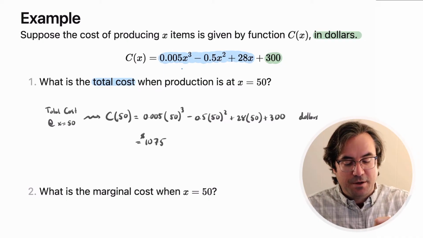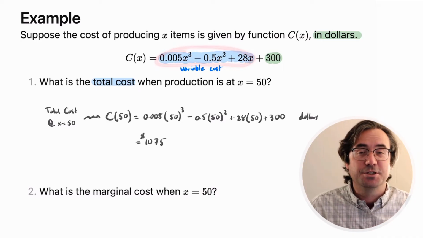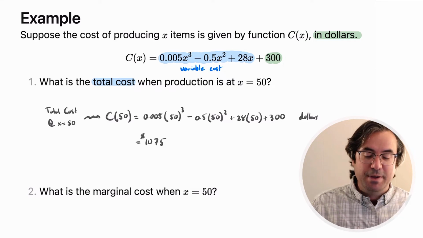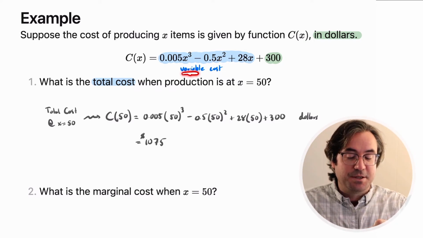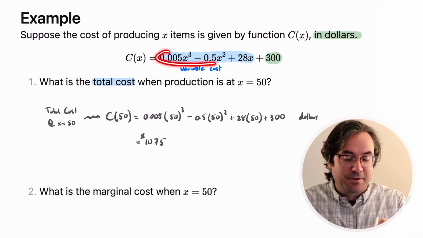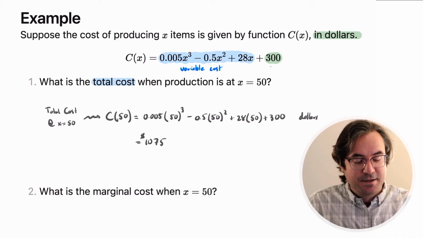Sometimes we call the variable part our variable cost, because this is the part that changes based on how many items we're producing. It's the part with the variables in it. And this constant at the end, sometimes we call this our fixed cost.